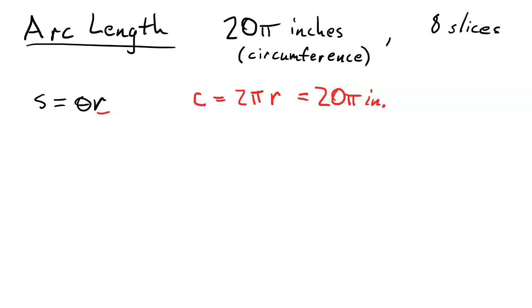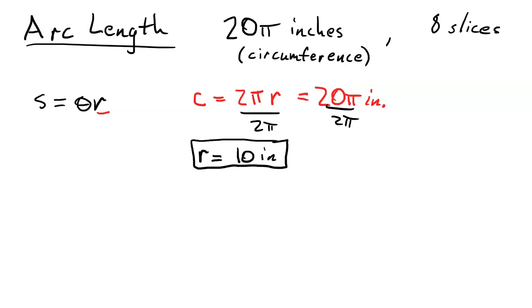So in order to solve for r, all you have to do is divide both sides by 2 pi. And then from that, you reach that r is equal to 10 inches. So that's how you solve for your first variable.